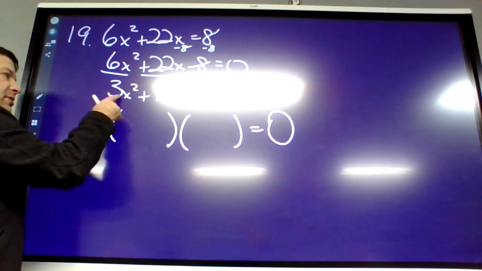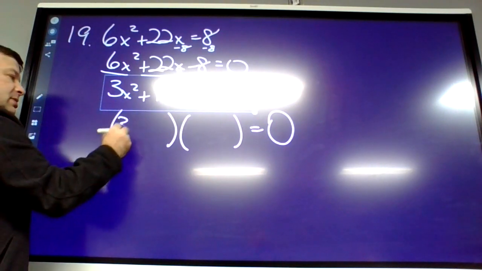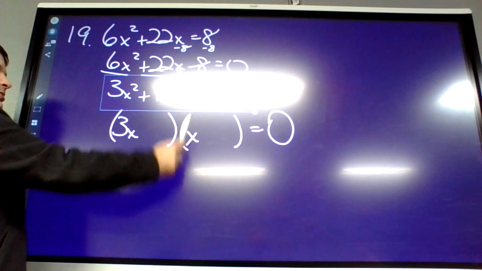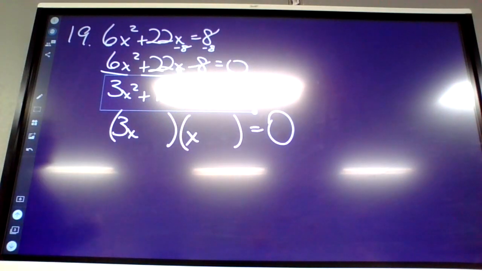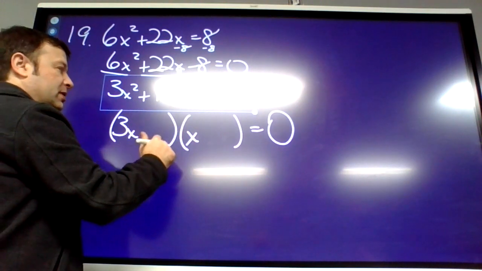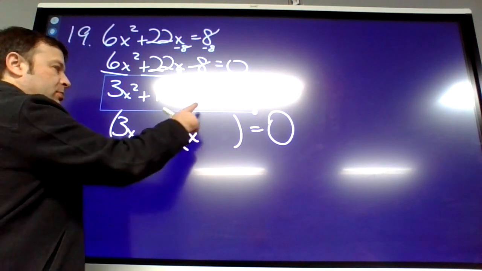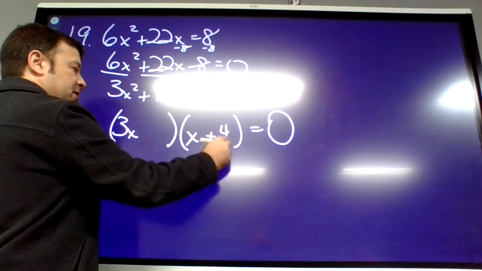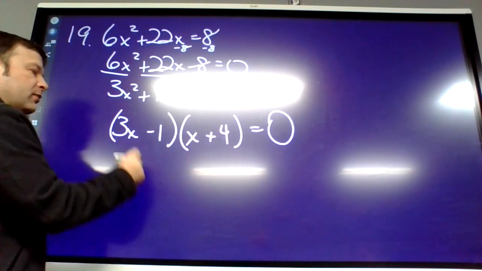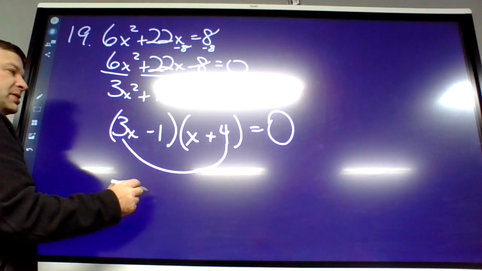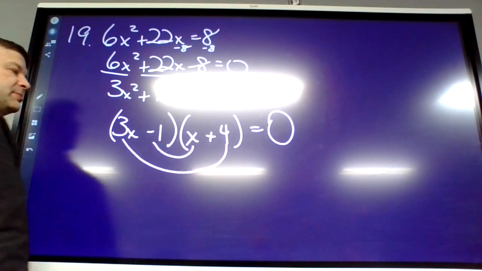So what goes into 3x squared? 3x times x. What multiplies into negative 4? Well, it could be 2 and negative 2, but if you try that, you're going to find it won't work. It could be like 1 and negative 4. In this case, it's going to be negative 1, 4, because when you FOIL it, outside is 12, inside is minus 1.